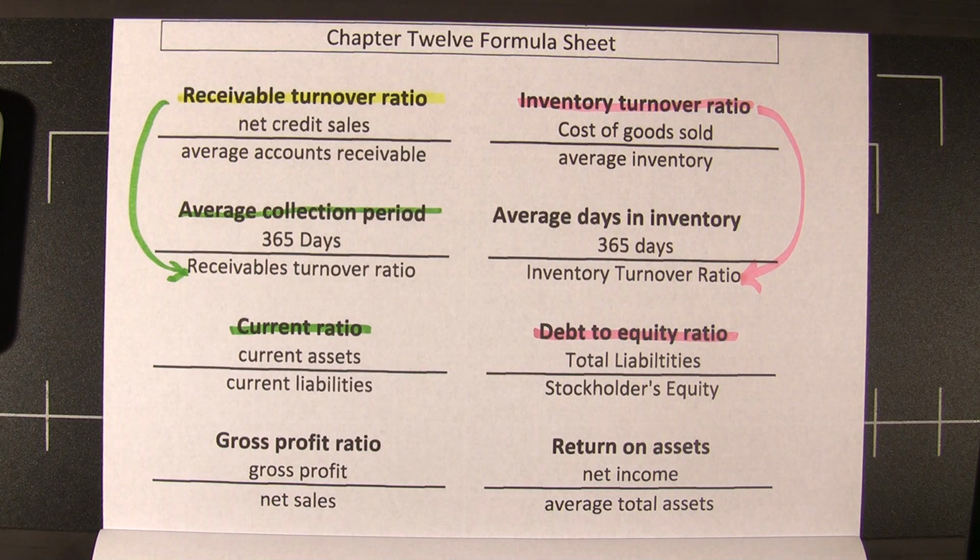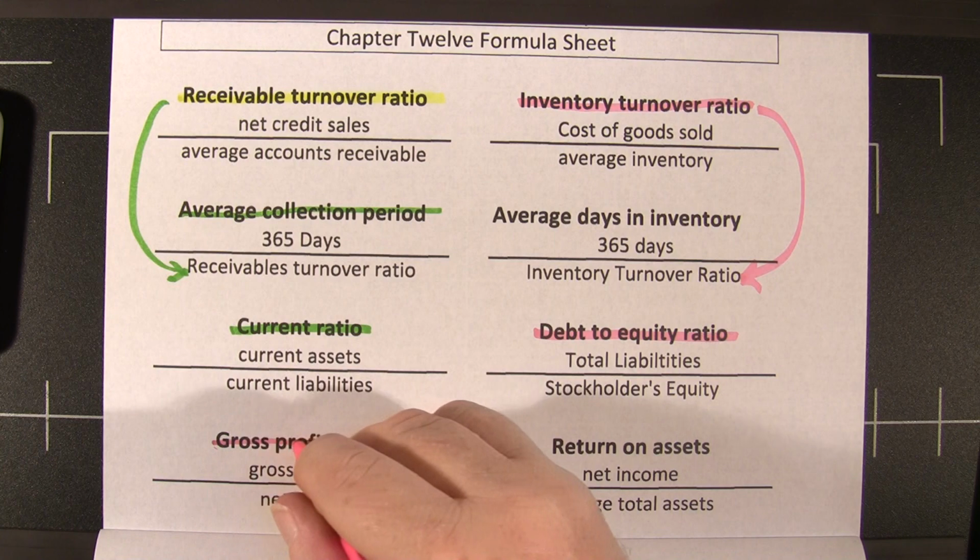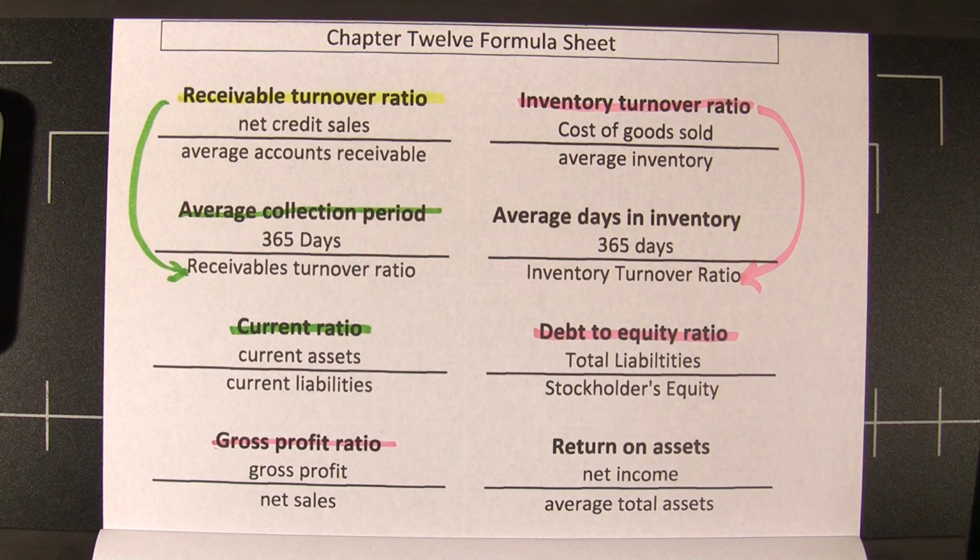In other words, of our total shareholder equity and liabilities, the bottom part of the balance sheet, how much of it is equity and how much more or less equity do we have to our liabilities. Gross profit ratio is just gross profit, sales minus cost of goods sold, divided by net sales.